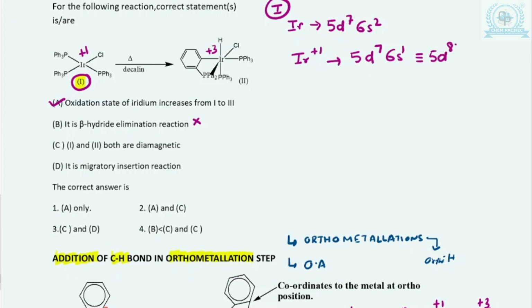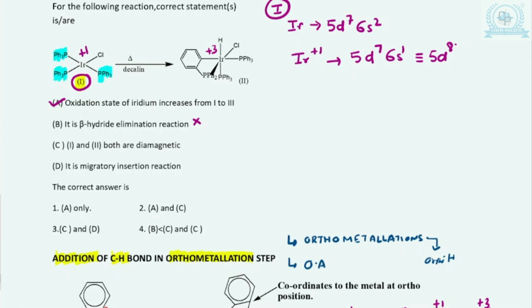Now let's study the nature of the ligand. The nature of the ligand, PPh3, is a sigma donor, pi acceptor ligand, meaning a very strong field ligand. So it will result in the strong pairing of the electrons.